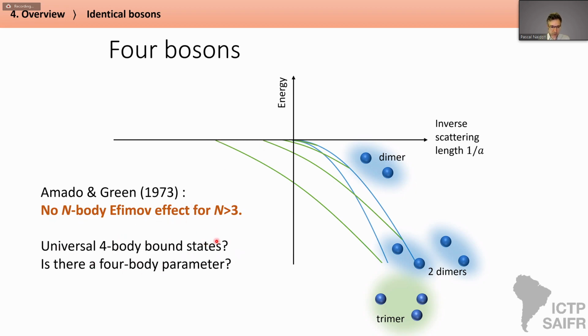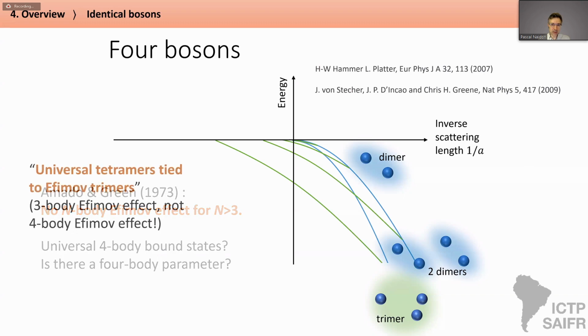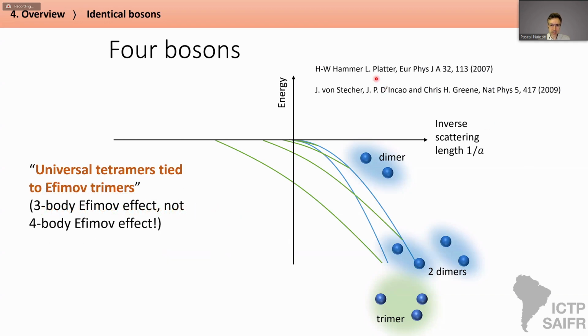This question was not answered at the time. And what was found eventually, through several works, is that there are in fact 4-body bound states, and interestingly they are related to the Yefimov trimers.